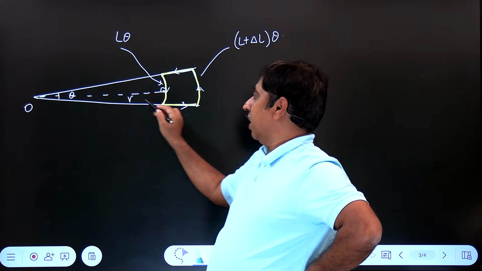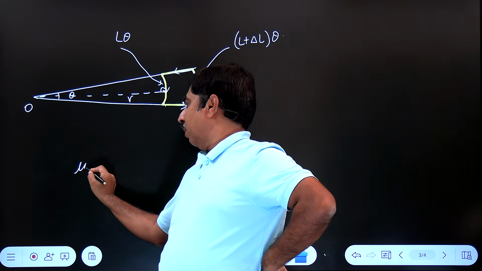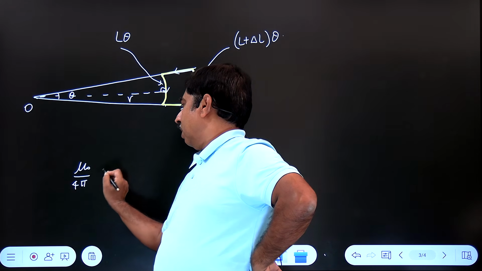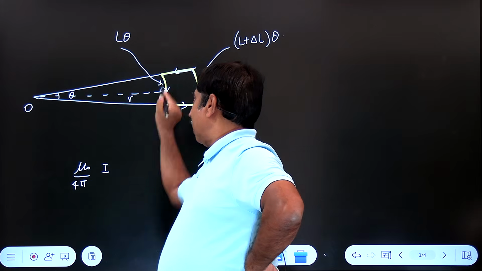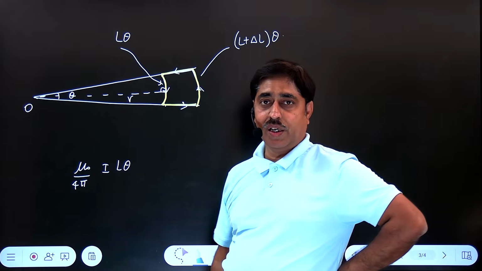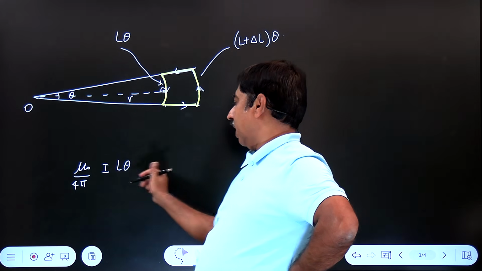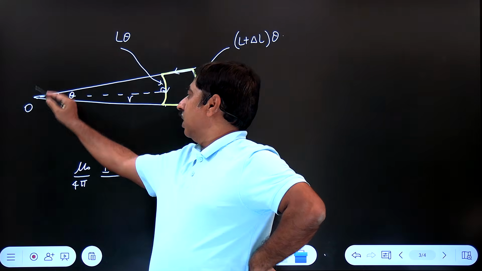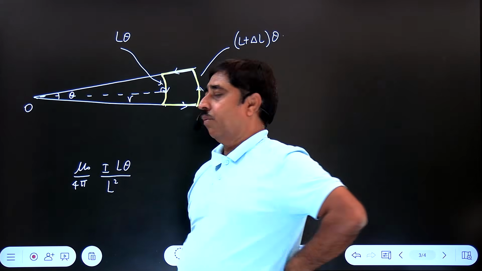So because of this current element, magnetic field here will be mu naught by 4 pi I into length of this arc, which is current element. You can take it as a straight element, sine 90 degree by this distance squared, which is L square.